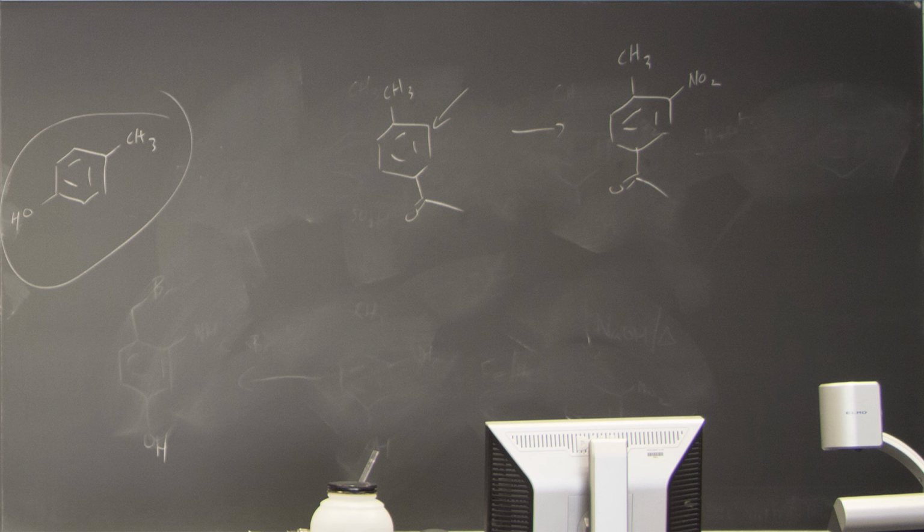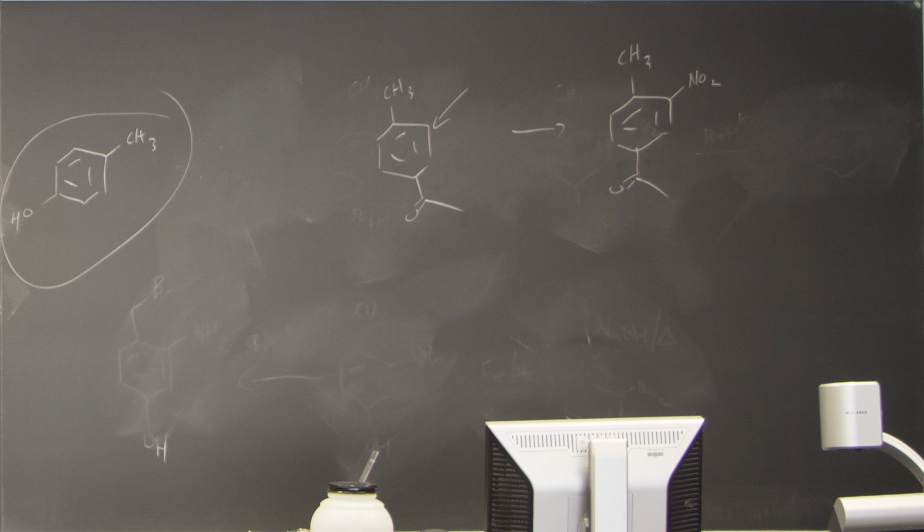The acetyl group is a meta-director. So this is the only place it's going to nitrate. So that's going to get me here. So then I have to oxidize this and reduce that to get what I want, but I can get there that way. But like I said, that's not so simple.